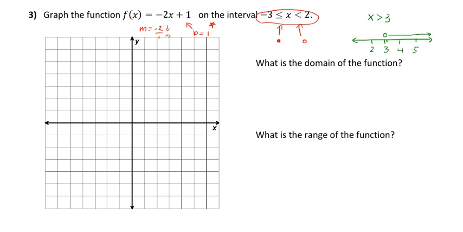So we have a +1 on the y-intercept right there, and then we go 1 down and 2 to the right, 1 down, 2 to the right, and so on. So we will have our next point here, 2 down, 1 to the right, 2 down, 1 to the right, and so on. And on the other side, it would be 2 up, 1 to the left, 2 up, 1 to the left, 2 up, 1 to the left.